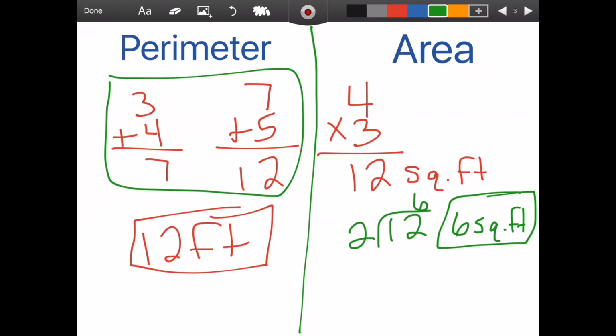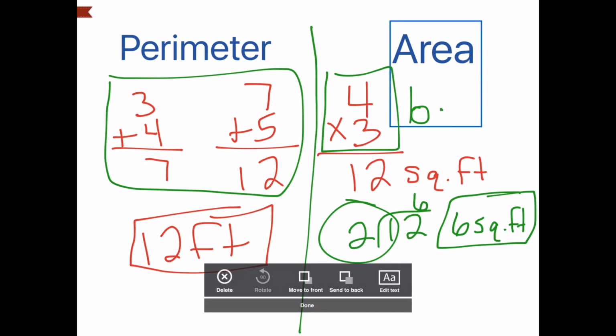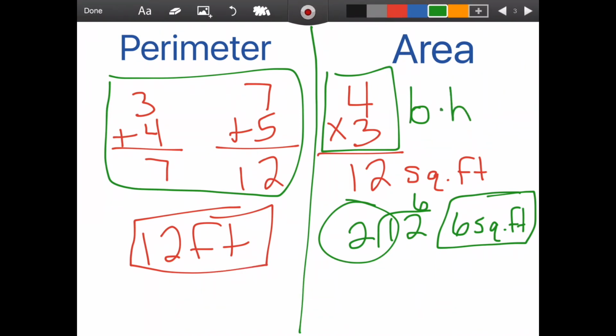When we're finding the area, you're going to take the base times the height, and then you're always going to need to remember to divide that by 2. One easy way we can write that is base times height divided by 2, and that's going to help us to find the area of a right triangle. So hopefully that helps you to be able to find the perimeter and area of a right triangle.